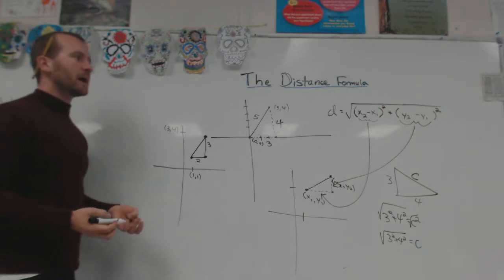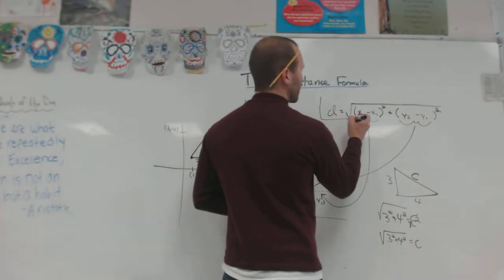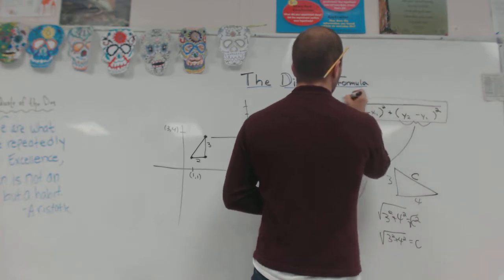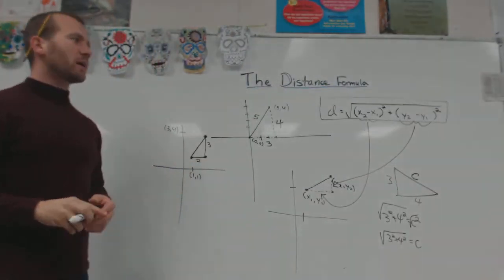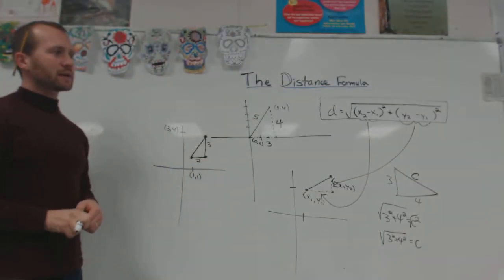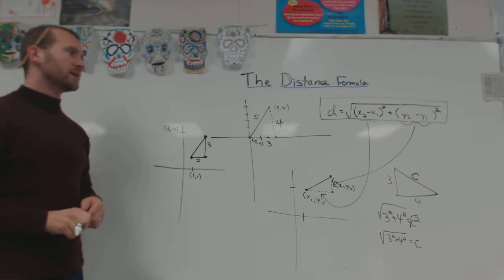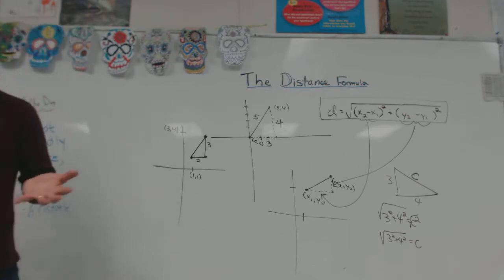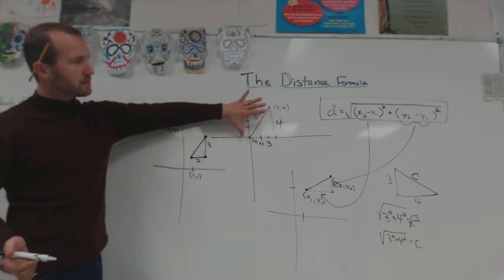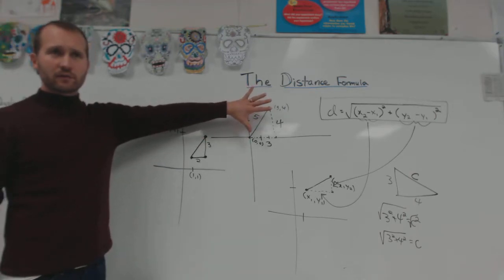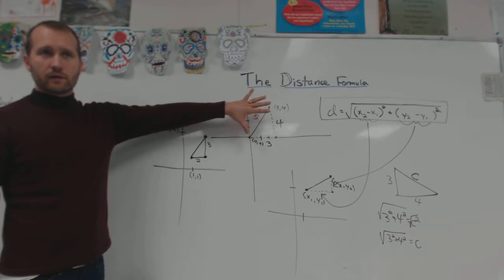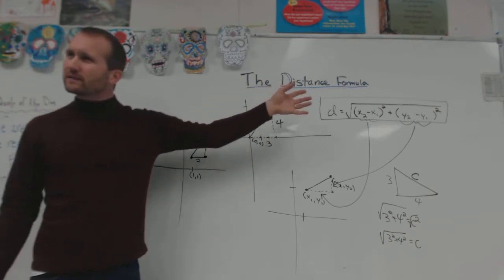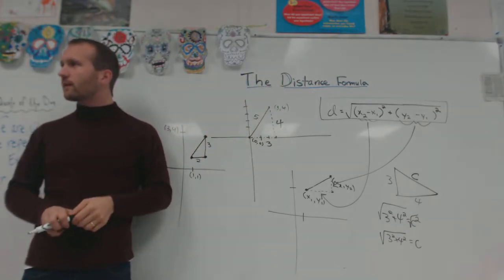So you have a couple options now. You could memorize this formula: distance equals the square root of x2 minus x1 squared plus y2 minus y1 squared. Or you could just remember that the distance between 2 points is the hypotenuse of a right triangle, and then you don't really have to memorize it. You can kind of go back and figure it out.